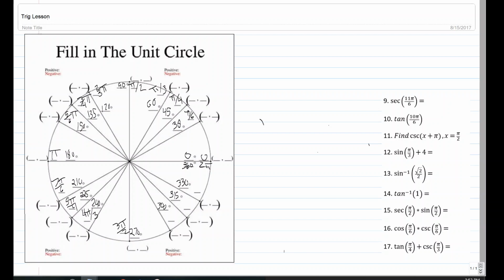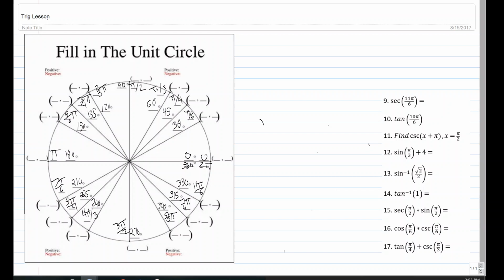So pi plus 2/3 pi is 5/3 pi. Pi plus 3/4 pi is 7/4 pi, 7 pi over 4. And then lastly, we're just pi over 6 less than 2 pi, so we're 11 pi over 6. So that's how you figure out all the radians as you go around the circle.